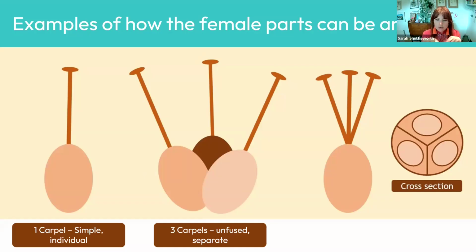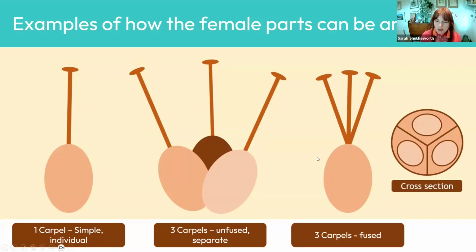Those are the unfused multiple carpels, and buttercups are an early evolutionary plant, so that's why it's quite simple, basic and obvious. So do go out and have a look at a buttercup the next time you're in your garden or out on a walk. They're very, very separate from each other.